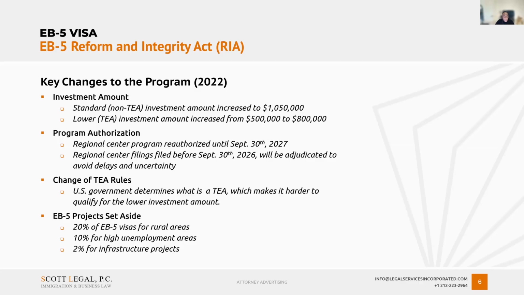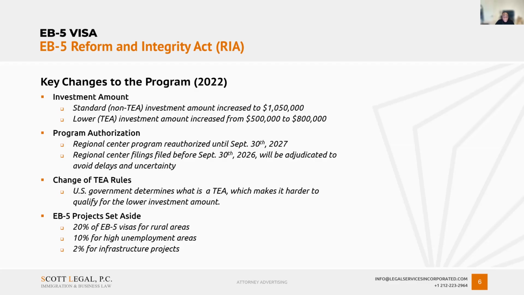But the documents actually indicate that the government will adjudicate your petition as long as it's filed before September 30th, 2026. That's a key date because, A, it's coming up this year, but B, a lot of people were left in limbo the last time that the program had to be reauthorized.